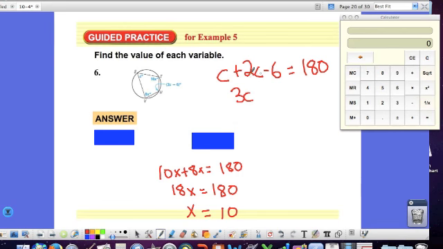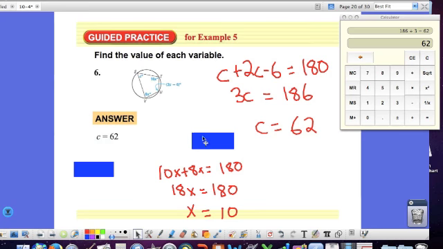That's 3c, combining like terms, adding 6 to both sides, equals 186. C equals 186 divided by 3, which is 62. So C equals 62 and X equals 10.